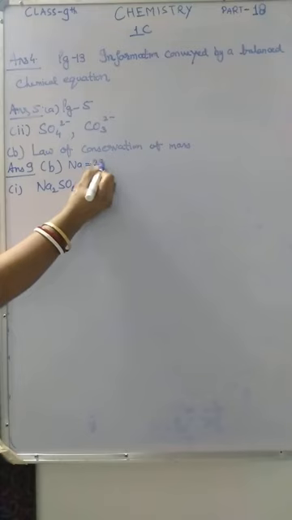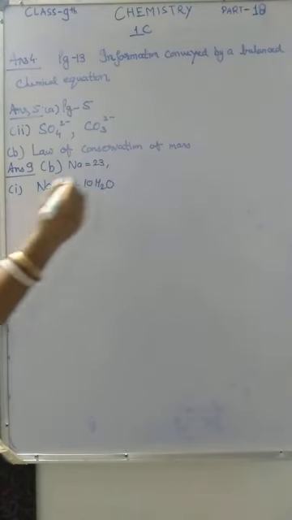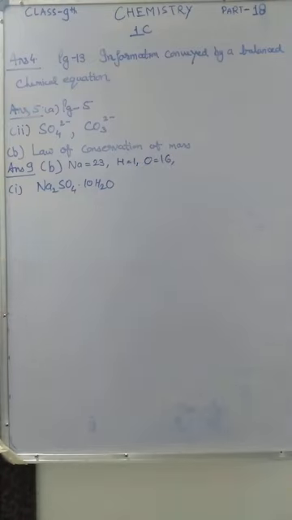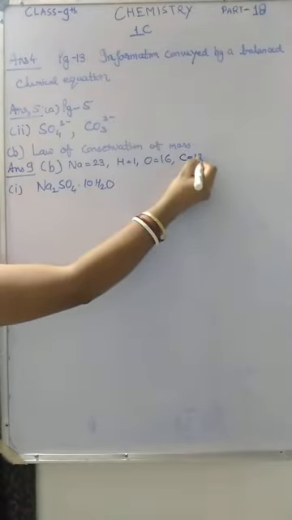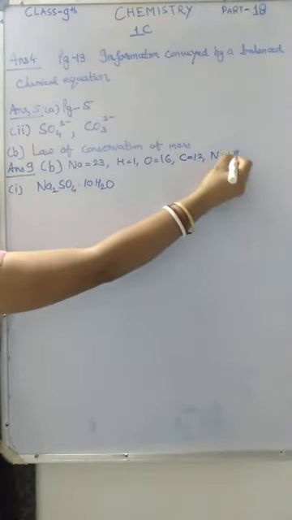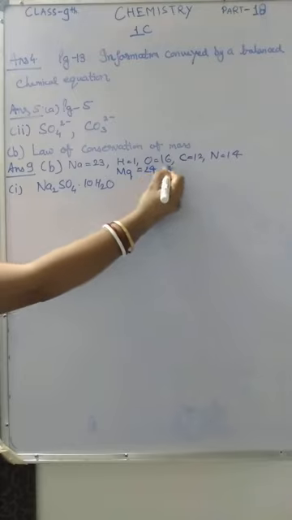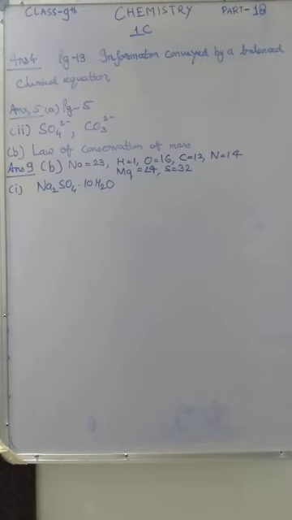Sodium 23, hydrogen 1, oxygen 16, carbon 12, nitrogen 14, magnesium 24 and sulfur 32. Okay, see, these atomic masses are given. Just you have to find out the molecular mass of this. Okay, so first one is Na2SO4 into 10H2O.